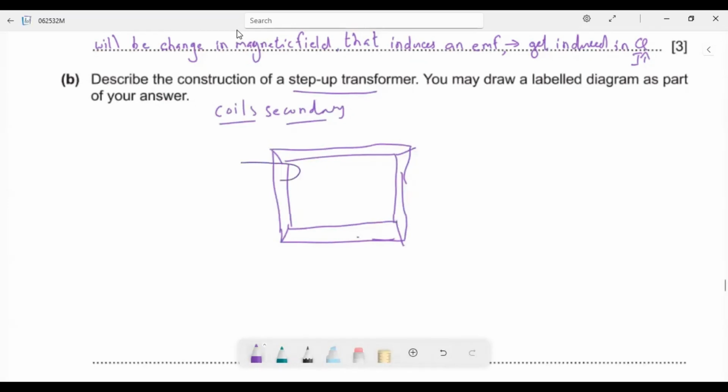primary will be there, primary coil. Step up means secondary, the number of turns will be more. So we need to draw more number of turns in the secondary. So this is your iron core.